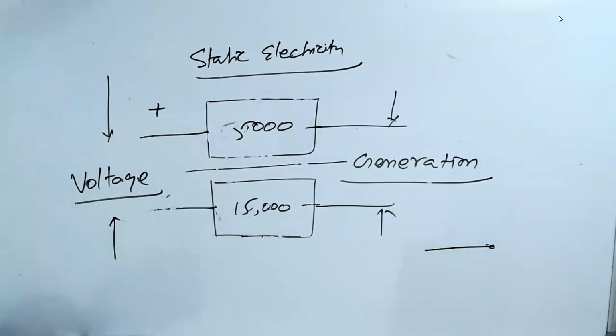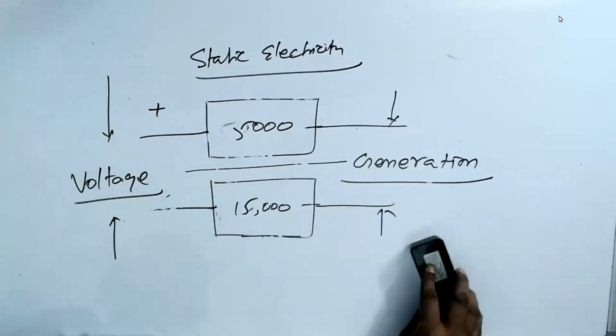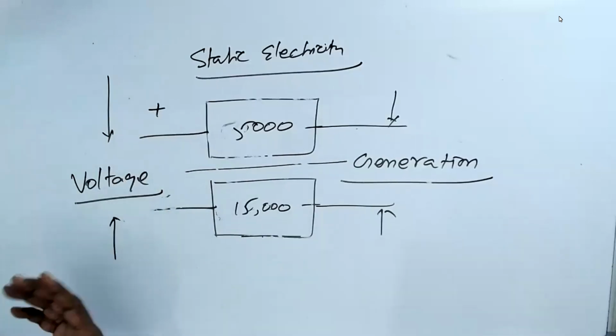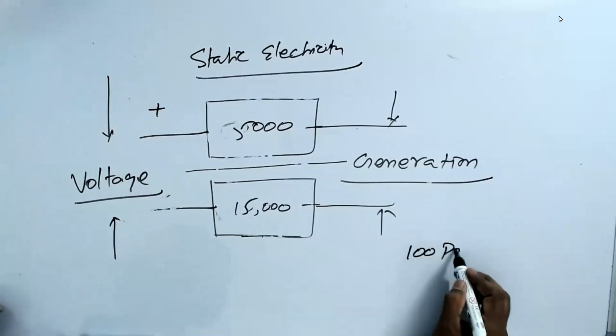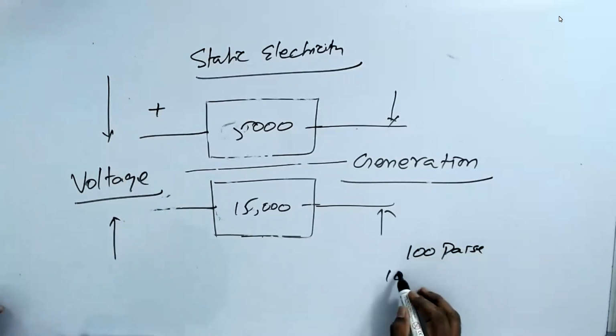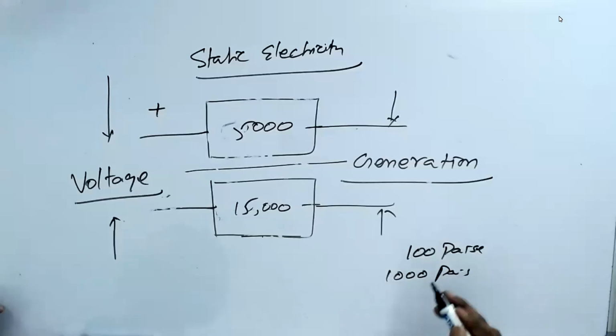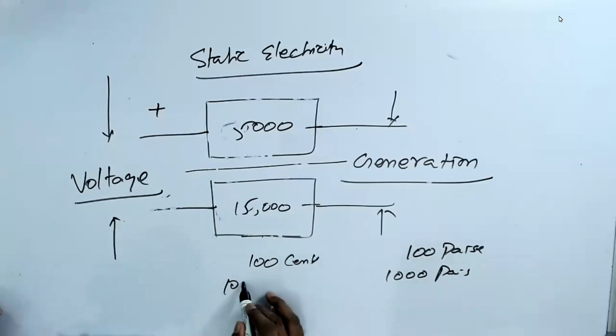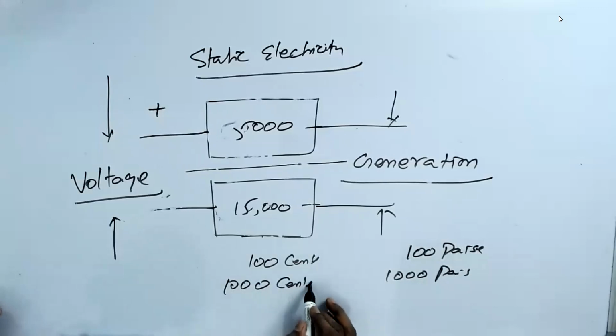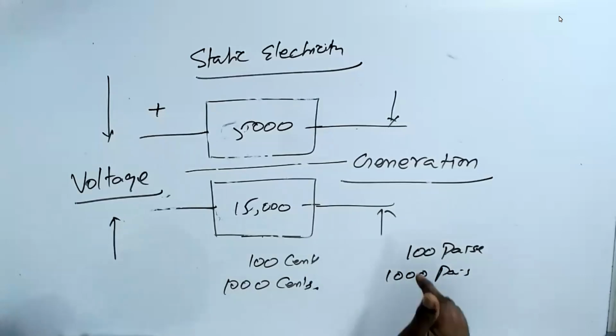Then, you know that we have currency. In India, they call 100 paise, 1,000 paise. In the US, they call 100 cents, 1,000 cents. Then they didn't want to name things too much. So they made 100 paise equal to 1 rupee.